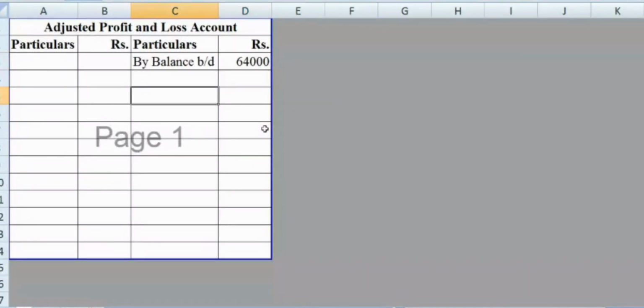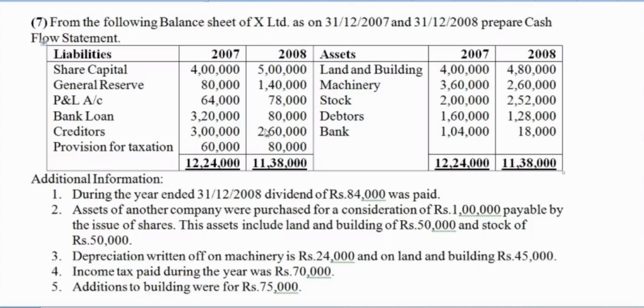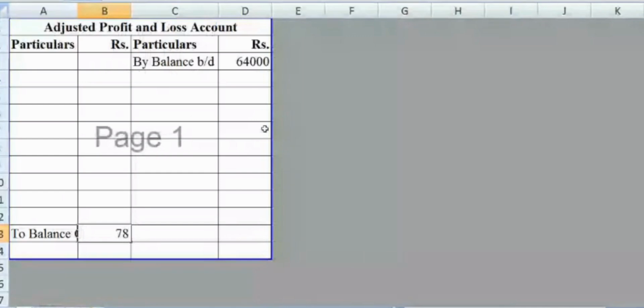Then on the debit side, to balance carried forward, and that amount is 78,000. It is correct.